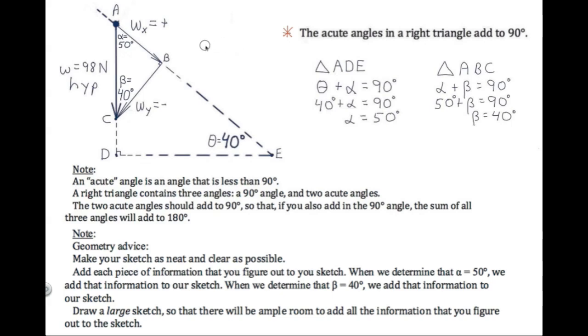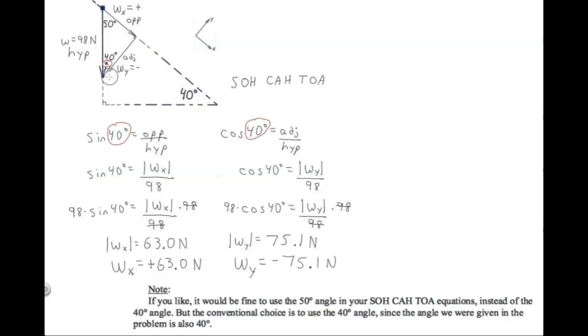Now that we know the angles inside triangle ABC, we're ready to apply the SOHCAHTOA equations to that triangle to figure out the magnitudes of the components. I've labeled this 40-degree angle at the bottom of this small right triangle with an asterisk to indicate that I'm going to use the 40-degree angle in my SOHCAHTOA equations, instead of using the 50-degree angle at the top of the right triangle.